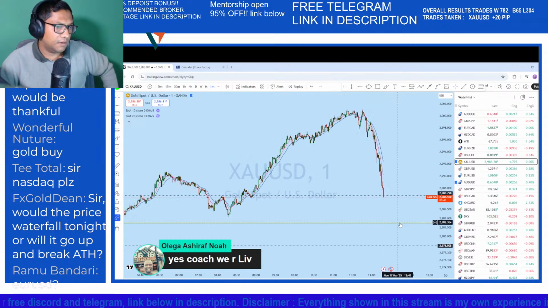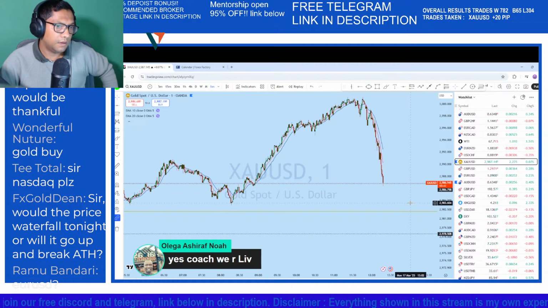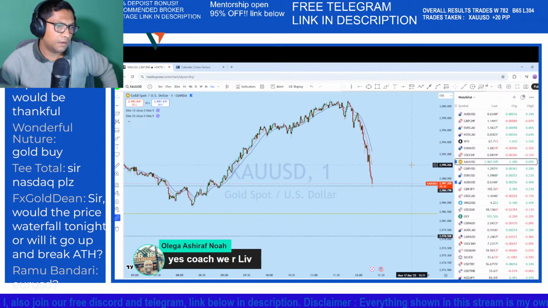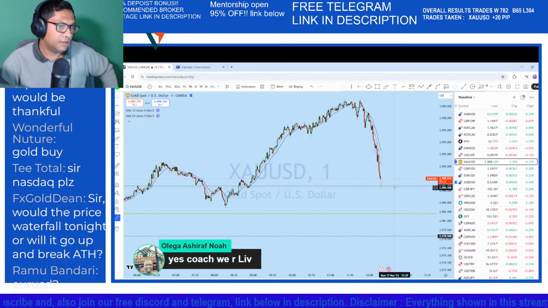Okay, we can see that it's a big drop. So almost to the neckline.